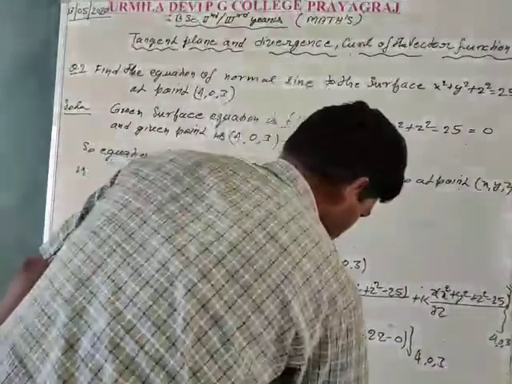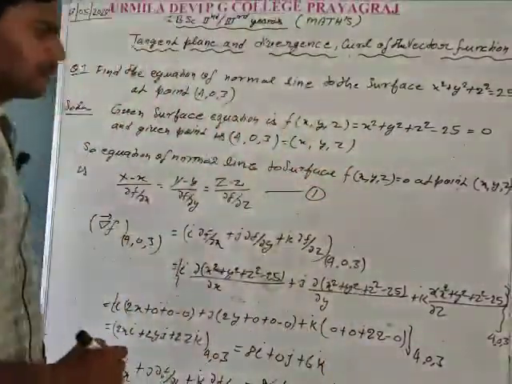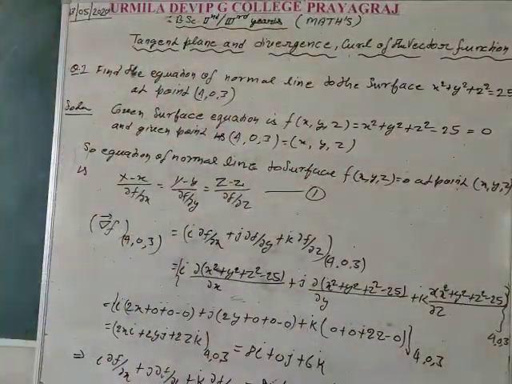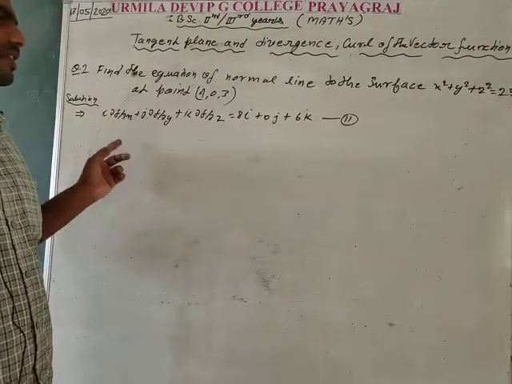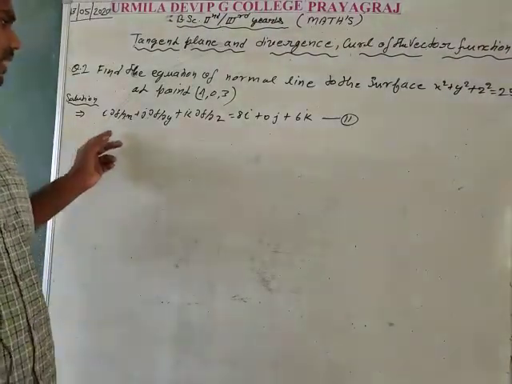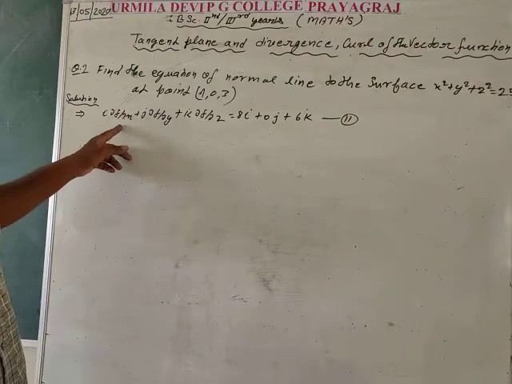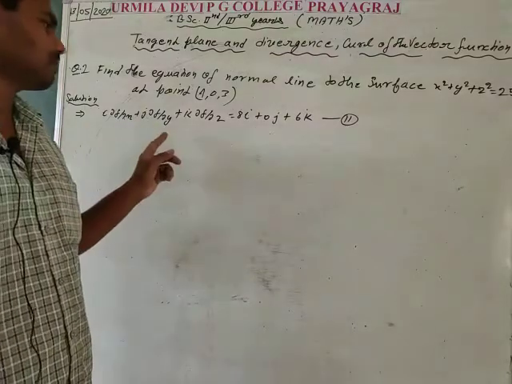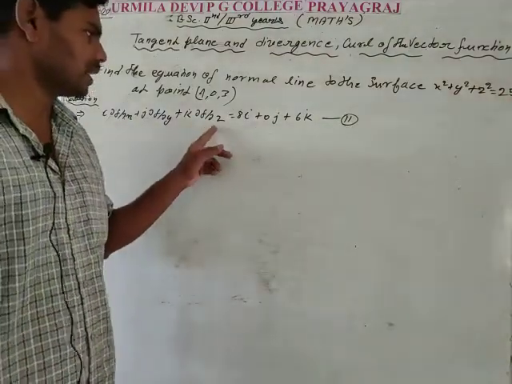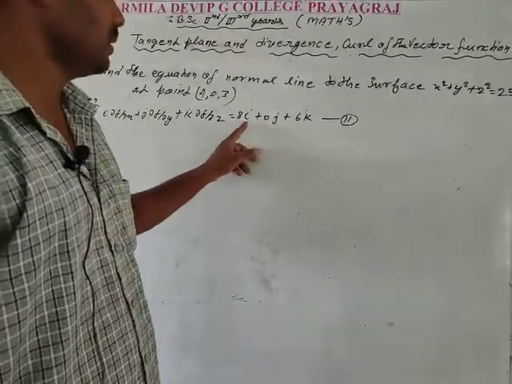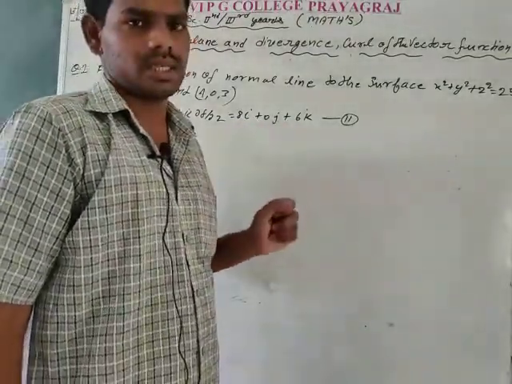Suppose that is equation second. In the equation second, the gradient of f is i times del f by del x, j times del f by del y plus k times del f by del z, equal to 8i plus 0j plus 6k.